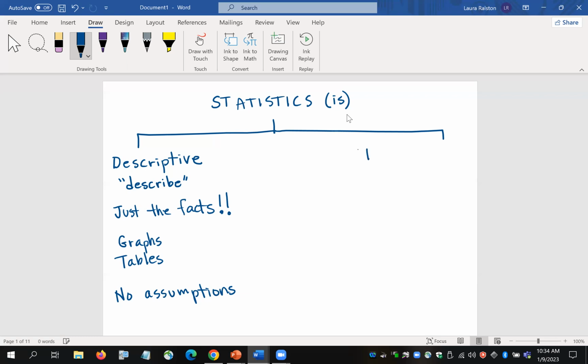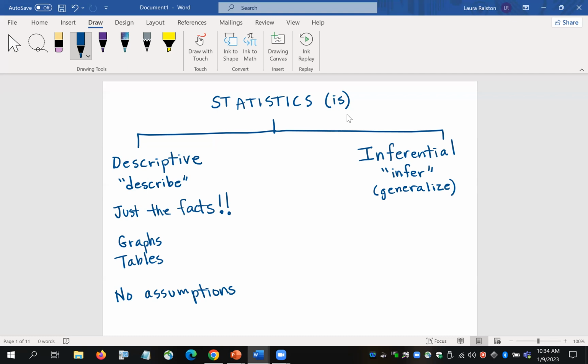And I point that out because the other branch of statistics is called inferential, which is the adjective form of the verb infer. Infer is kind of a fancy word that means we want to begin to make a generalized statement about the data.